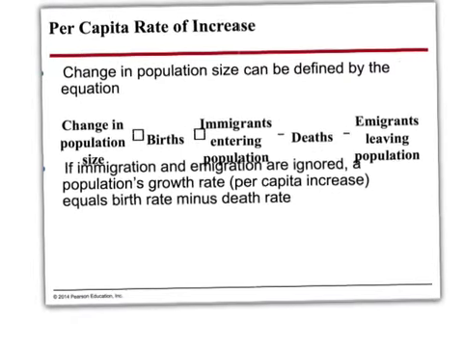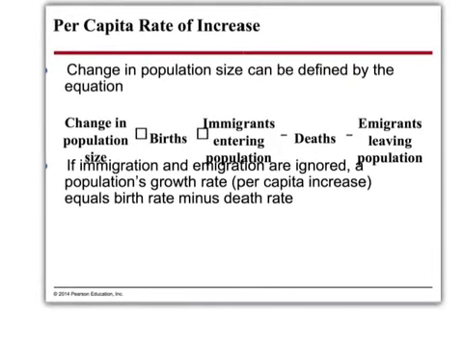So what we have is a per capita rate of increase. Population size changes based upon new individuals, incoming input, whether it be due to reproductive rate or immigration, and depends upon death rate. A population size will decrease by the number of individuals that die or leave, emigration.